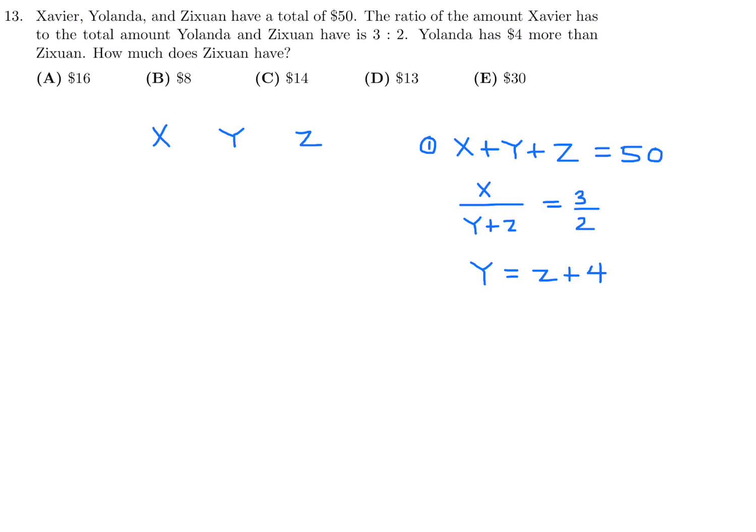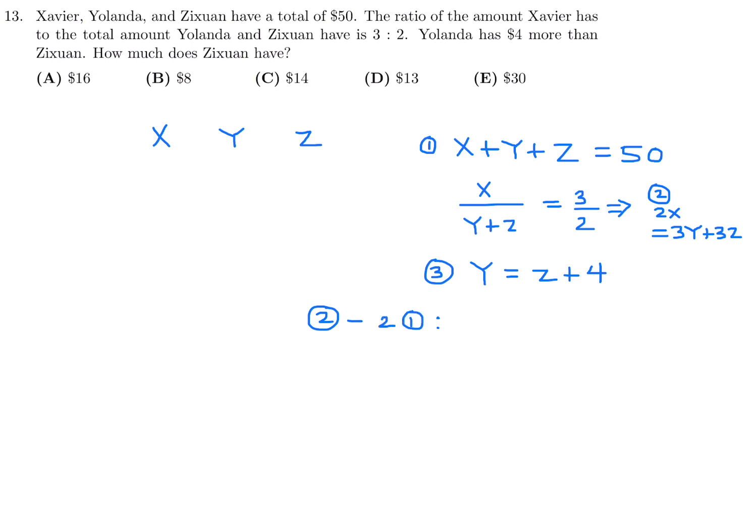I'll call this equation 1. Equation 2 we can get just by cross multiplying. It'll be 2x = 3y + 3z. And then equation 3 is just right there. Like I said, however you want to do this is fine. I'm going to do equation 2 minus 2 times equation 1.